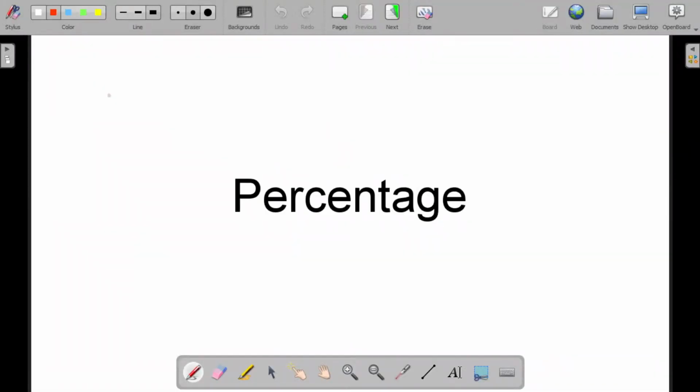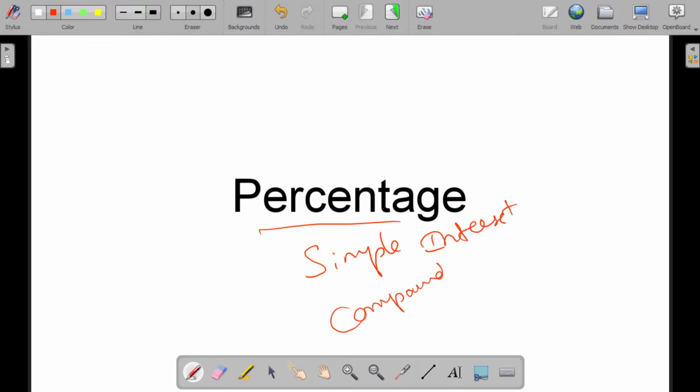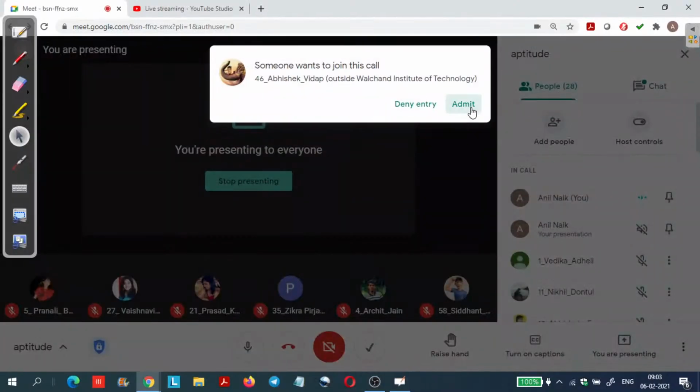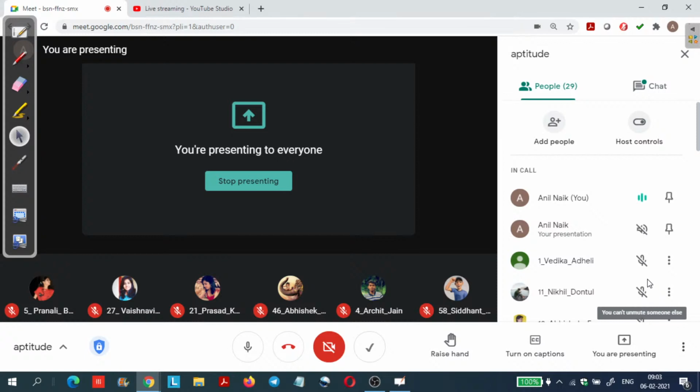The topics are based on percentage, then we'll discuss simple interest and compound interest. Even though you know all these concepts, we'll just do the revision so that it will be helpful for your placement next year. In the third year, you are appearing for the placement.